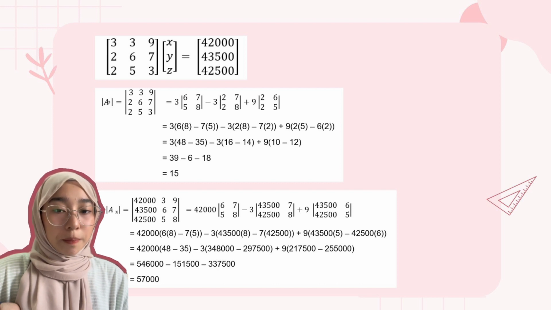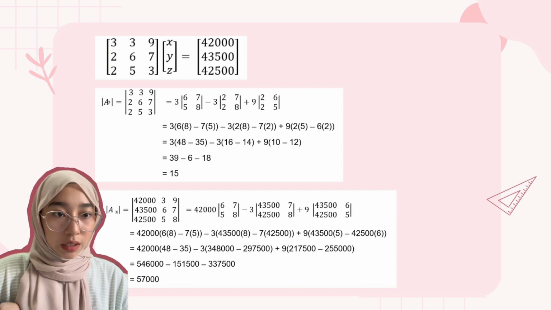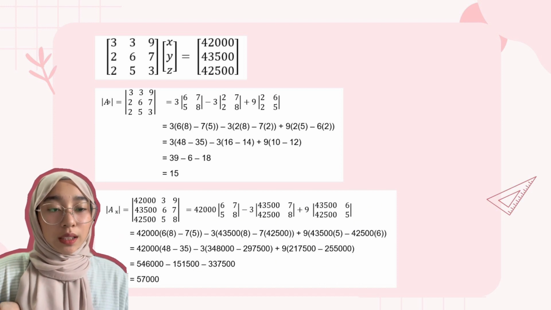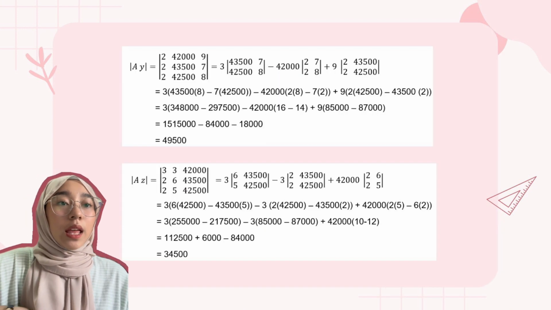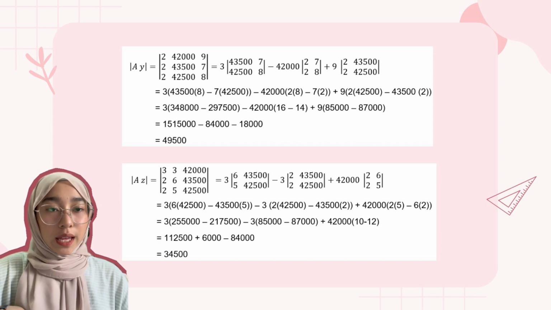And then we settle the inside of the bracket, and we have 546,000 minus 151,500 minus 337,500. And then we settle it, we minus, and then we have 57,000. And then after that, we are going to do the same thing with Ay and Az.